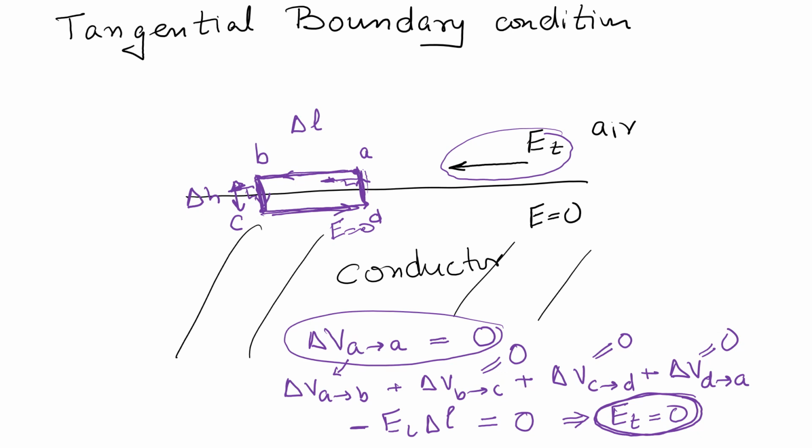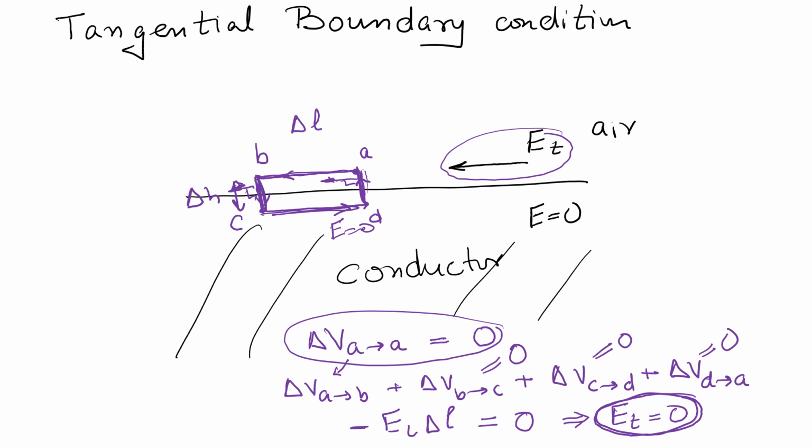We had previously made this argument based on just physical understanding of how charges would distribute themselves. Now we have done a pure mathematical proof, and there should not be any doubt left in our minds that when I have an air-conductor boundary, right at the surface of the conductor, there is no tangential electric field, even in air.